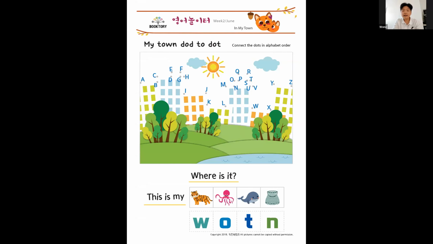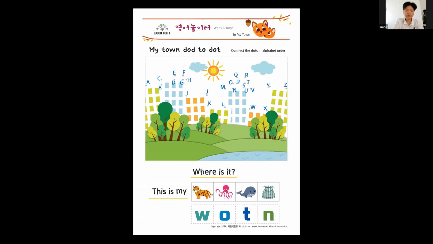My town dot to dot. It's a typo. So we're going to connect the dots in alphabetical order. This one's pretty easy, right? Gonna help you out. So we have, here we go.